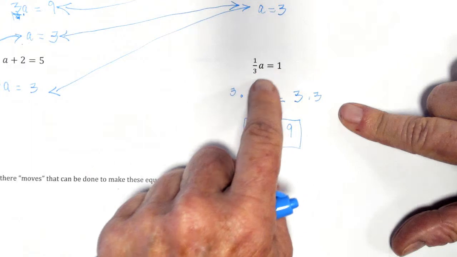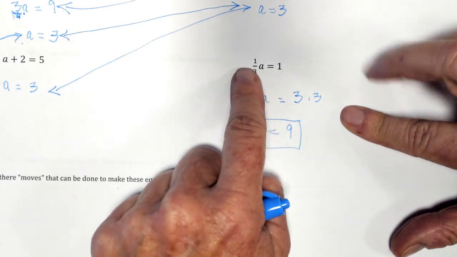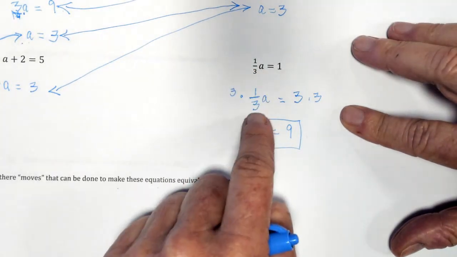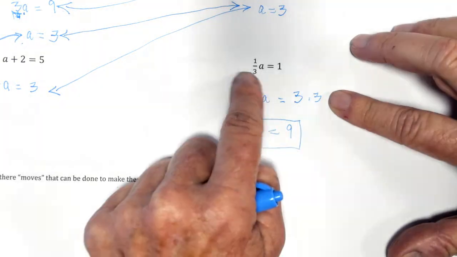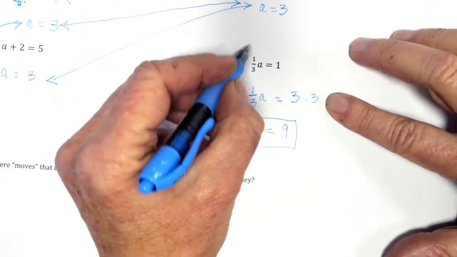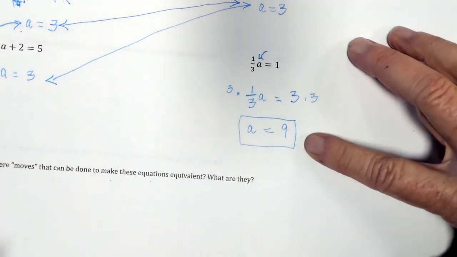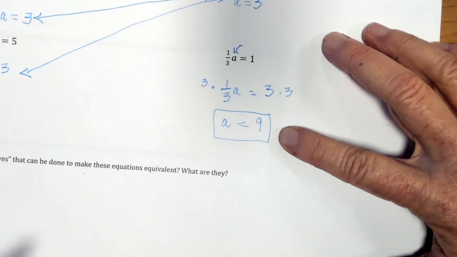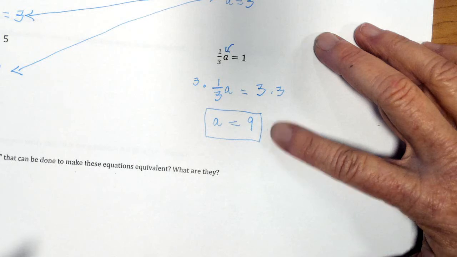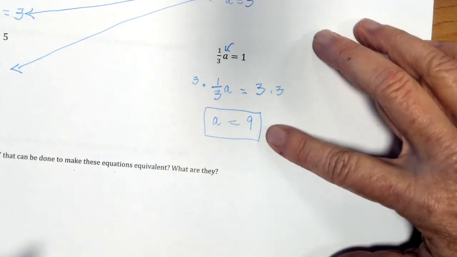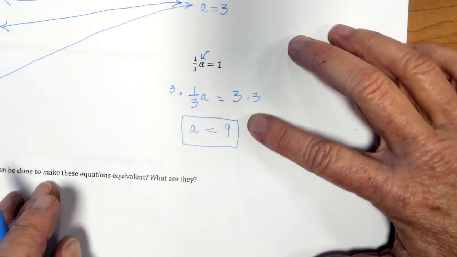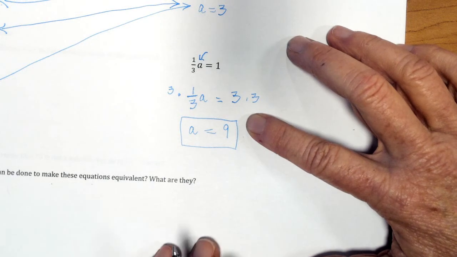How do I solve for a? Well, I can multiply both sides by 3, because I want to know 1/3 of some value equals 1. So what happens? Oh, that's not right. I just saw that I made an error.